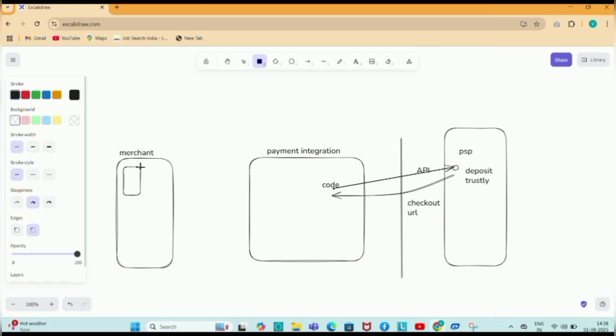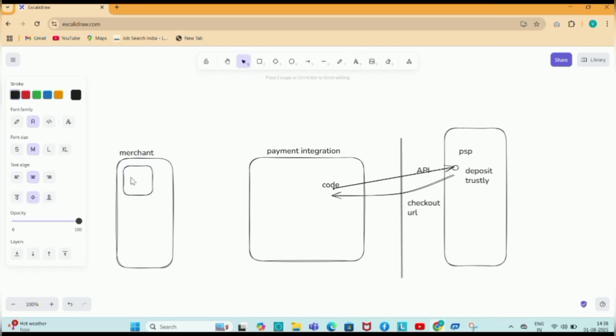In the merchant system, there will be a card payment. So we make the payment using a Trustly button. So in the merchant we have a card payment, and Trustly.